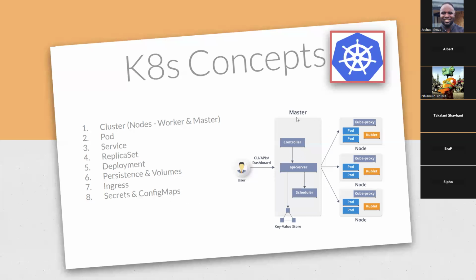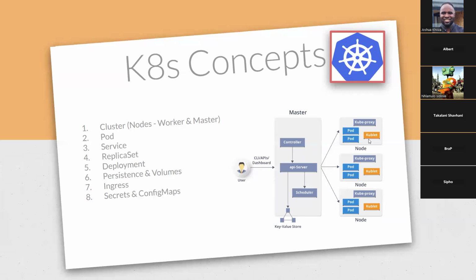On the right, you can see a simple architecture of a Kubernetes application running. On the left side, we have the master. That's where everything is controlled, and that's where you actually write the CLI commands. And then on the right side, we have our nodes, and inside the nodes, we have our pods.